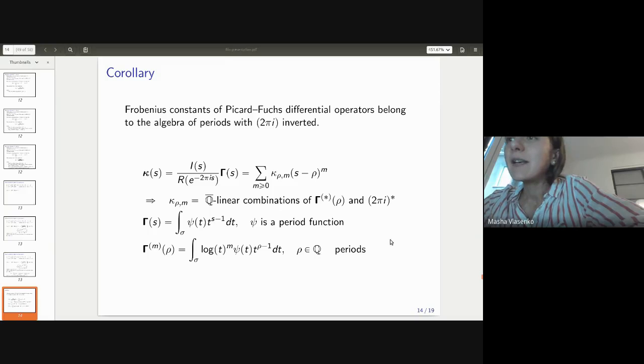And I didn't say it in the main theorem, not to overload that slide, but our generalized gamma functions are constructed using some rational structure in the space of solutions, if we have it. So for a Picard-Fuchs differential operator, the solutions showing up here in the Mellin transform will be period functions in the main theorem. That's why the corollary makes sense. The corollary is true.